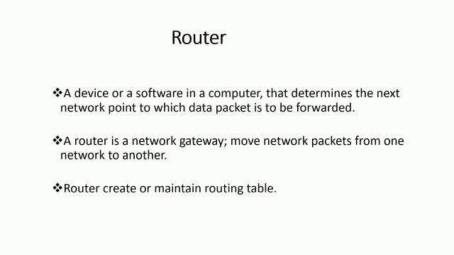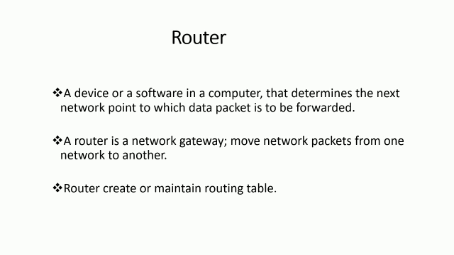Router maintains a routing table, a table available with all the available routes and their conditions. And router uses this information along with some algorithm to determine the best route for the given path.